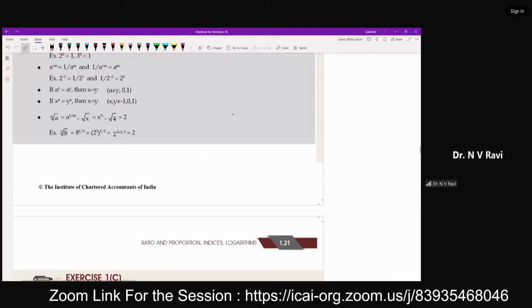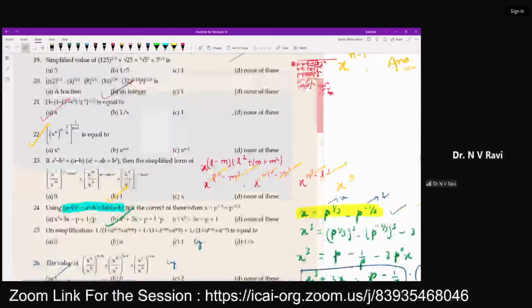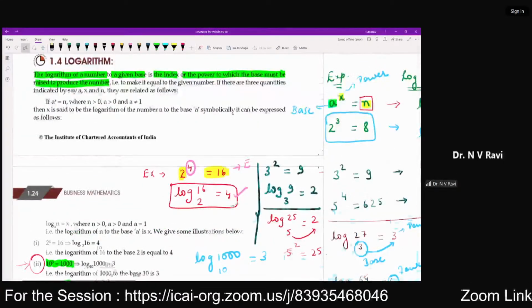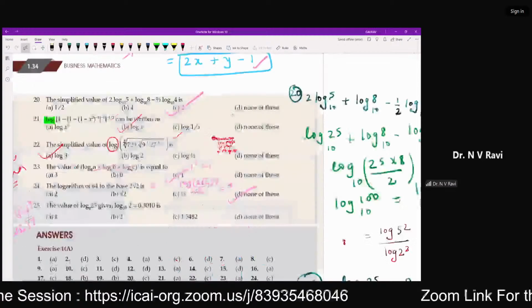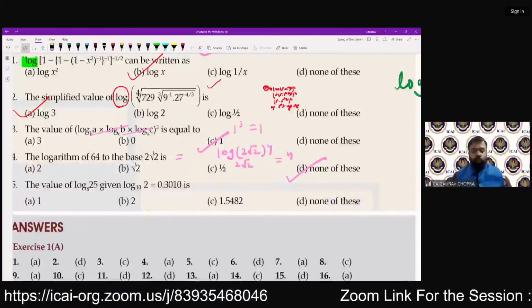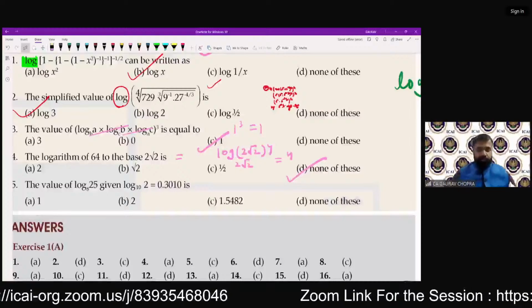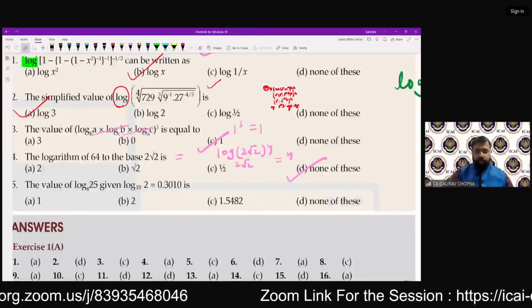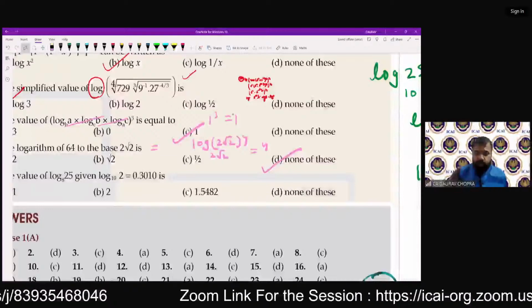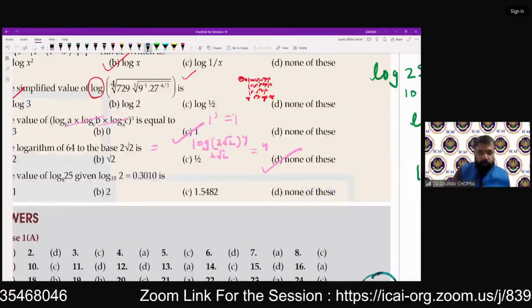It is a lengthy question: 4 into the fourth root of 729, then the cubic root of this, and then you have to calculate this logarithm.